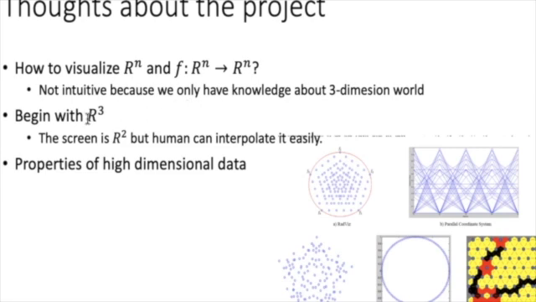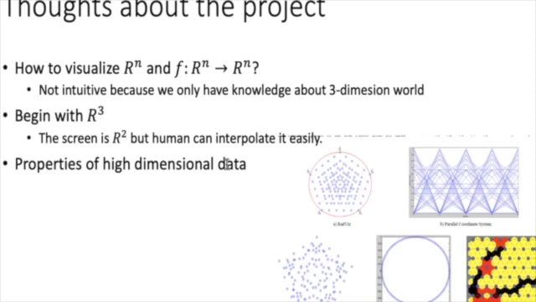So I began the project with three-dimensional data. I know that in theory the screen is two-dimensional, but humans can interpret it easily as three dimensions because we have knowledge of the three-dimensional world.